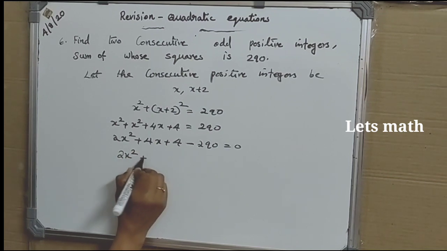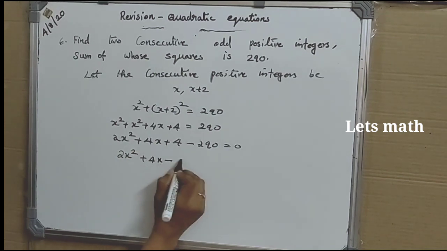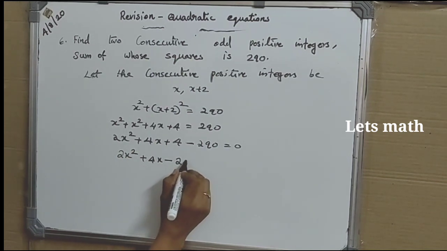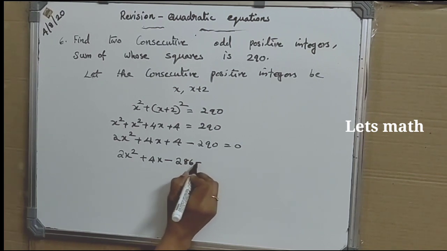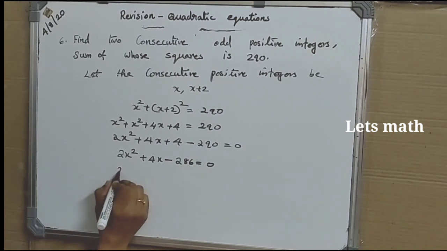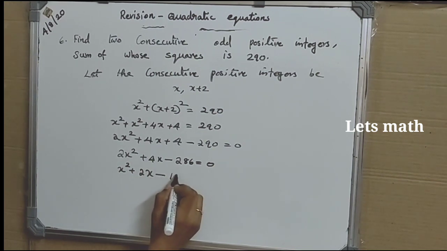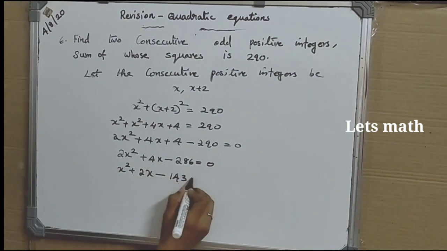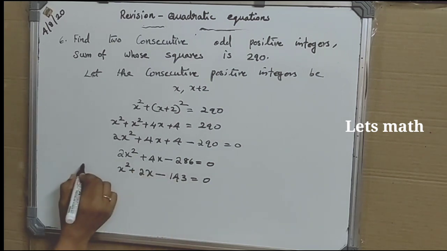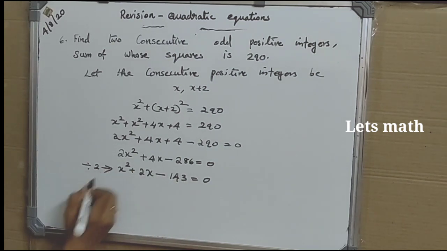Now 2x square plus 4x minus 286 equal to 0. That is, x square plus 2x minus 143 equal to 0, dividing throughout by 2.